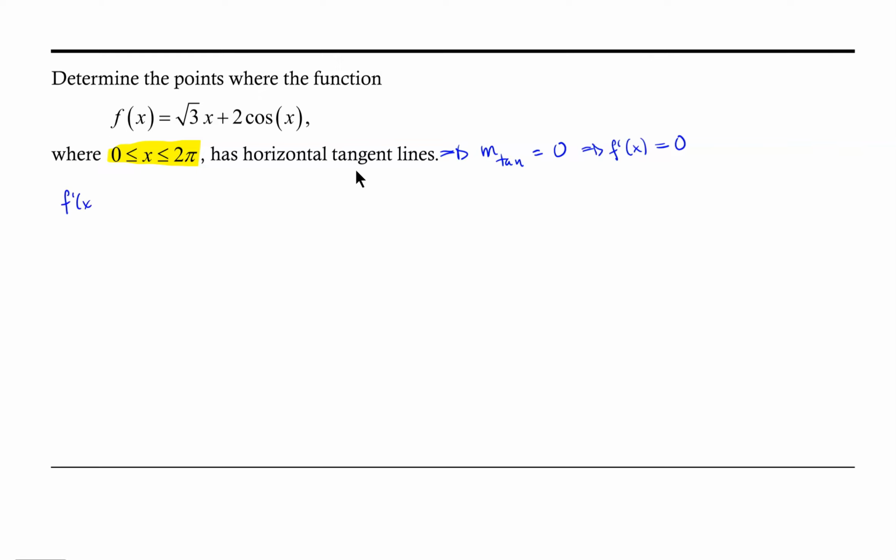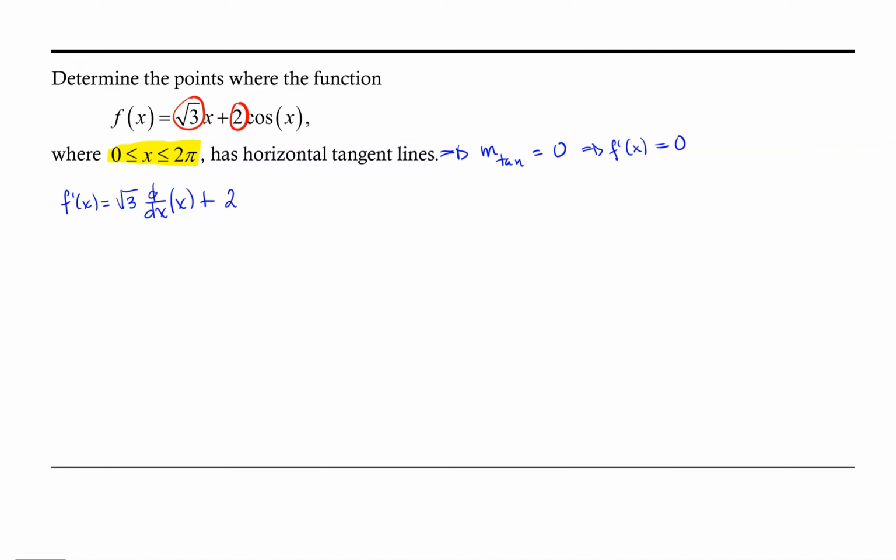So f prime of x equals, we're going to be using the sum rule and the constant multiple rule. Notice that square root of 3 is a constant. So when I take the derivative of my first term, that square root of 3 becomes a coefficient times the derivative of x, plus, and then the 2 also, constant multiple.